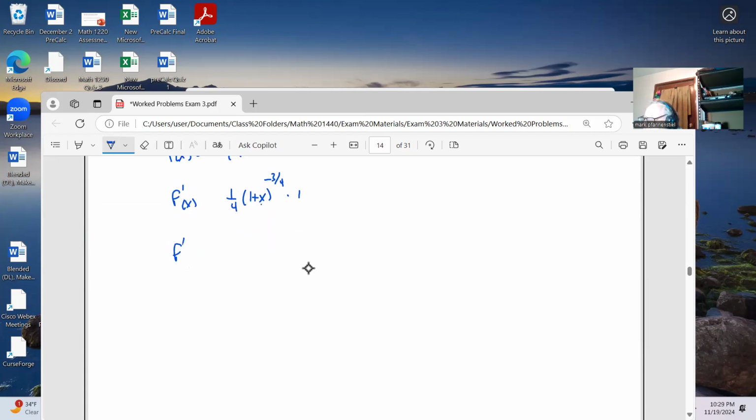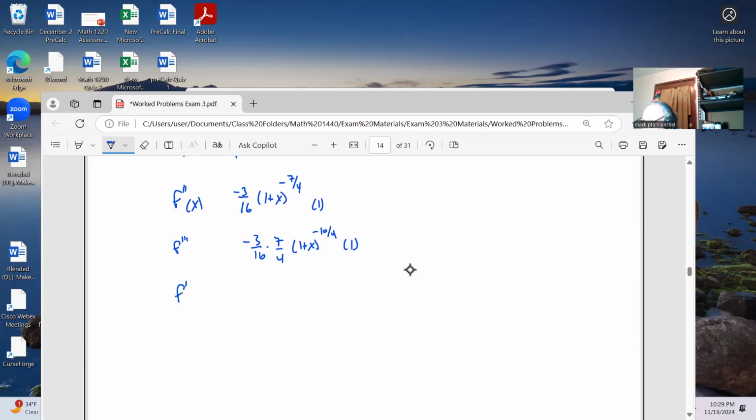The second derivative, that's going to be -3/16 times (1 plus x) to the -7/4, right? We just come down with this and subtract 1 from the exponent. Again, times its chain, which is just 1. The third derivative, we're going to say this is going to be 21/64, positive, because that negative times the -7/4 gives a positive, times (1 plus x) raised to the -11/4, again times 1, okay?